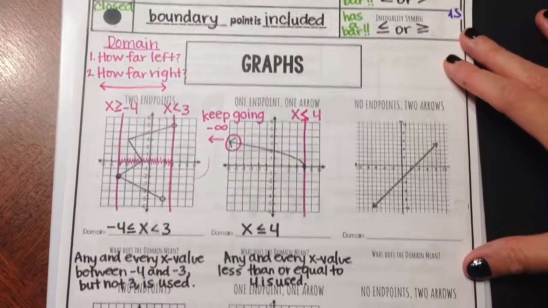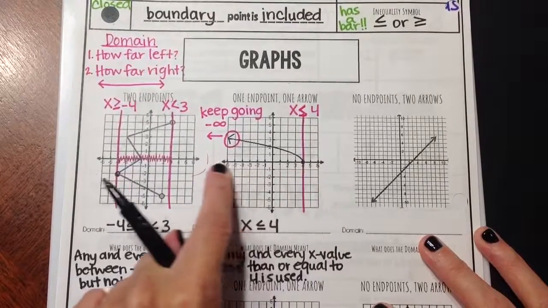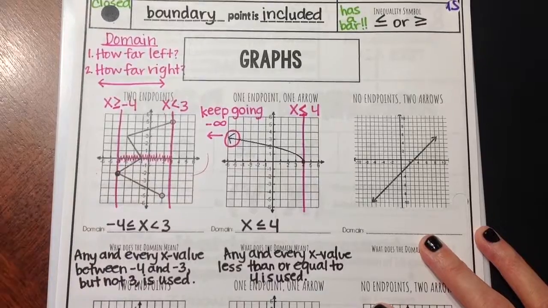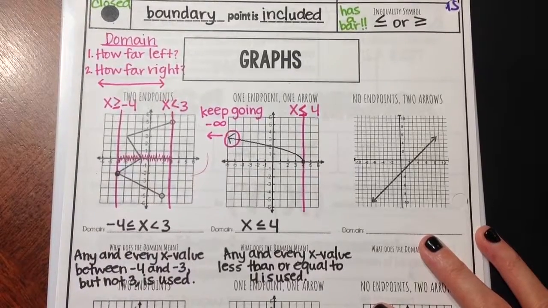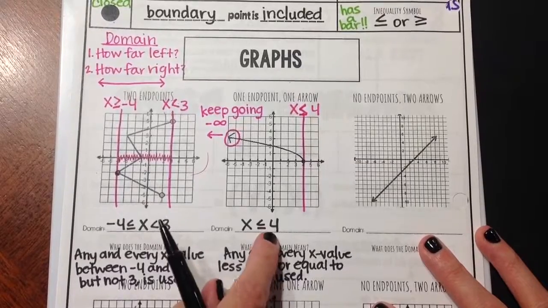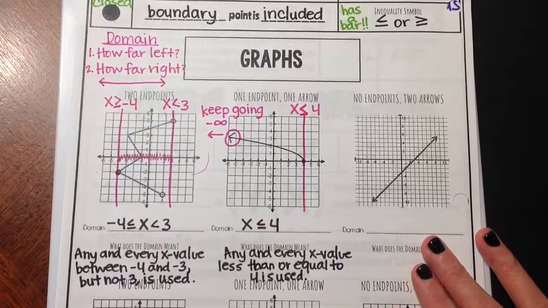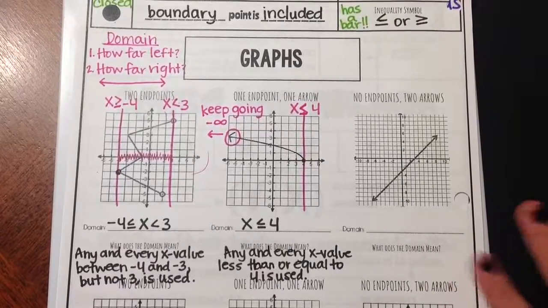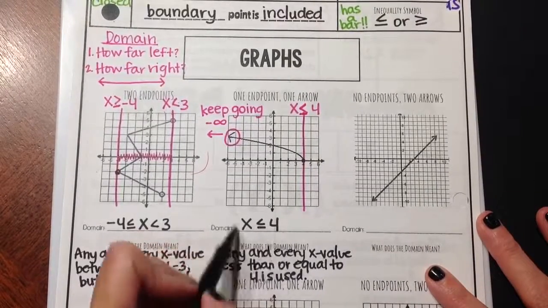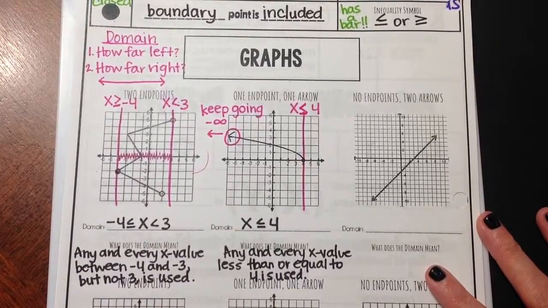So if I was making a list, I could start with 4 and I could write every number that I could think of all the way to negative infinity, and all of those numbers, all those decimal place values would be included in my list. I would also include 4 because it can be equal to 4. Now again, the reason why we're not making a list is because those are way too many numbers to list out. So we're going to simplify it, and we're going to use interval notation with inequalities to represent all of those numbers.